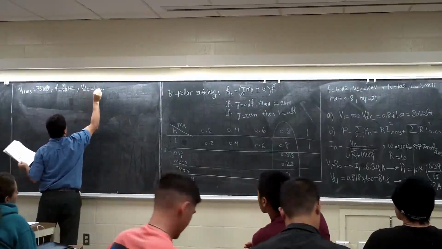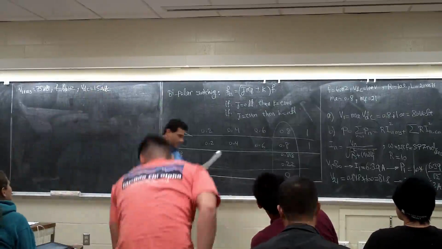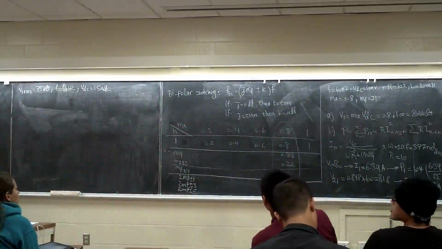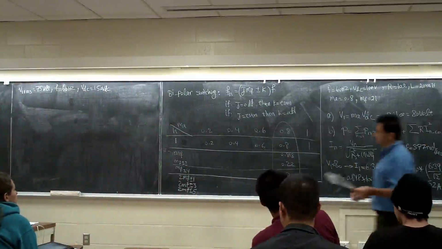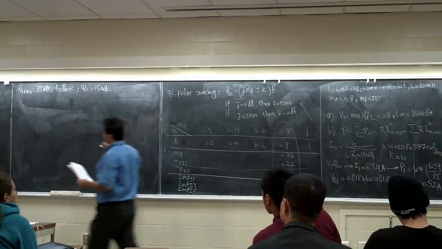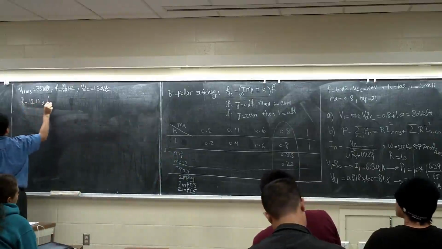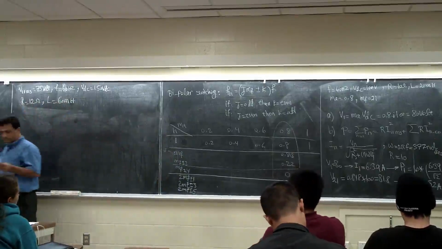VDC is 150 volt. You said we have a battery of 150 volt, right? It says the load is a series RL combination with R is 12 ohm and L is 60 millihenry.